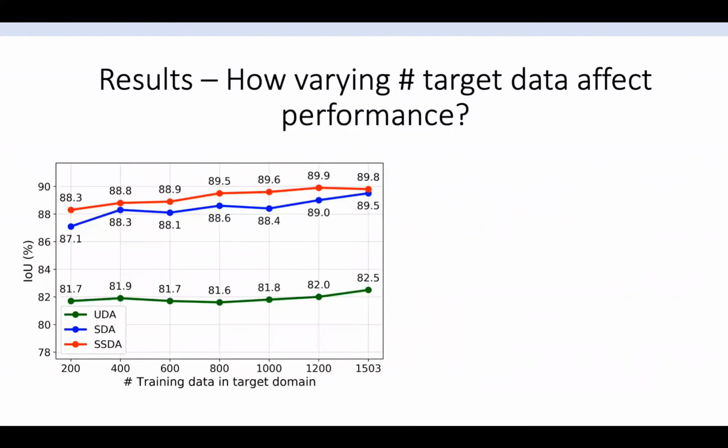With only 200 labeled target images, mean intersection over union is improved by 5.4% and 6.6% from UDA to SDA and SSDA, respectively. It affirms our hypothesis that, even with a limited number of labeled target data, domain-specific information can boost the performance.